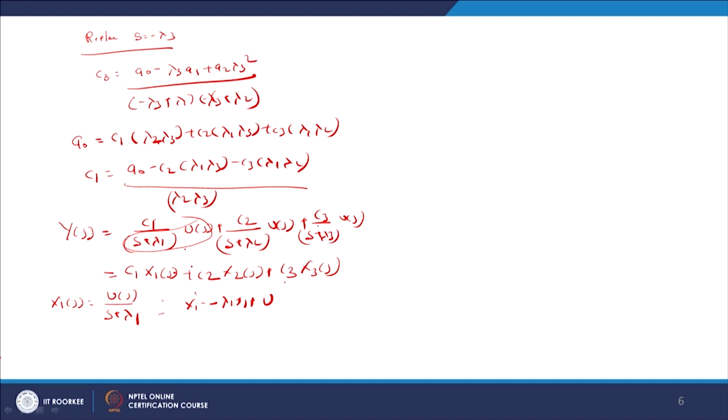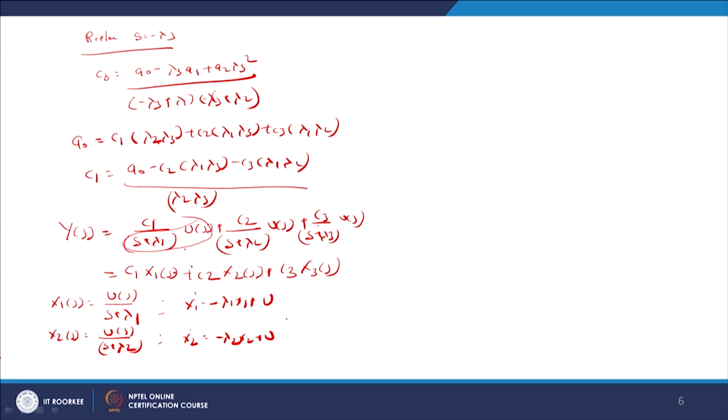Now next we have got x1 of s. Similarly we can go for x2 of s. So what is x2 of s? This x2 of s equals u of s by s plus lambda 2. So how will you move? Here we have got s into x2, that is x2 dot, equals minus lambda 2 into x2 plus u.